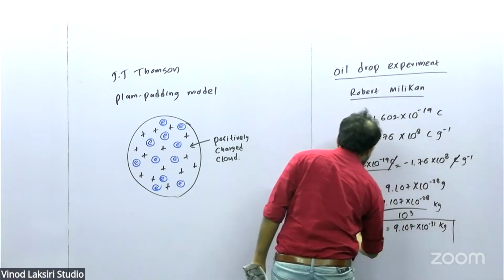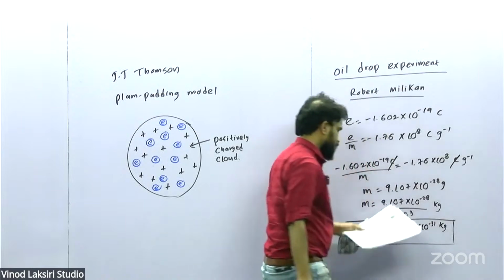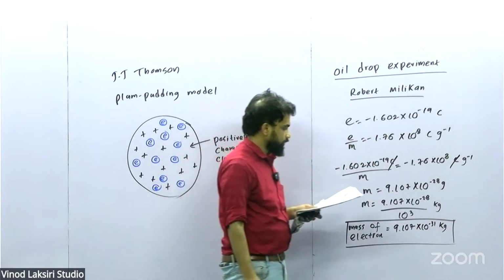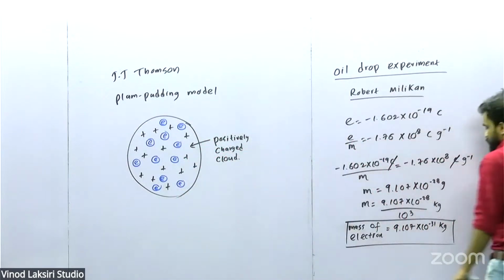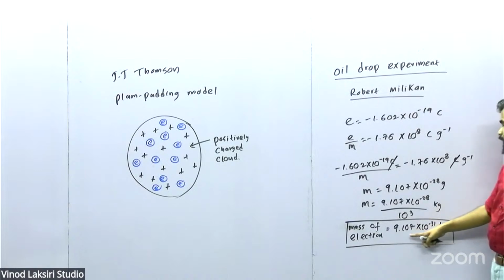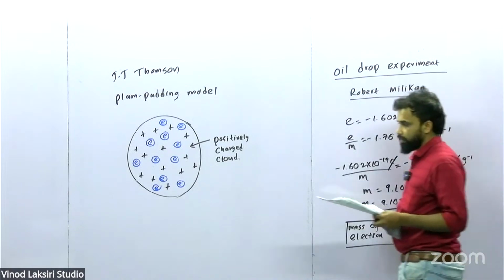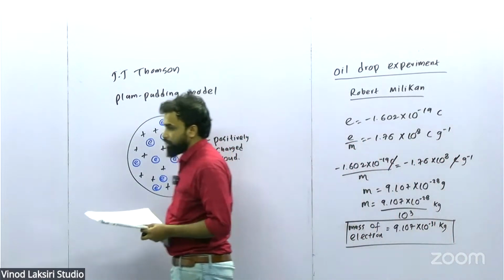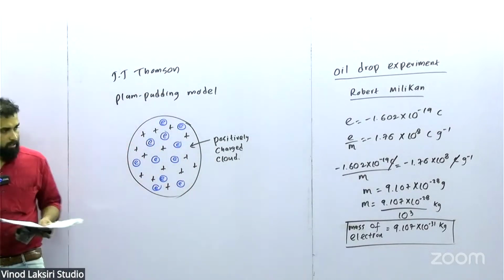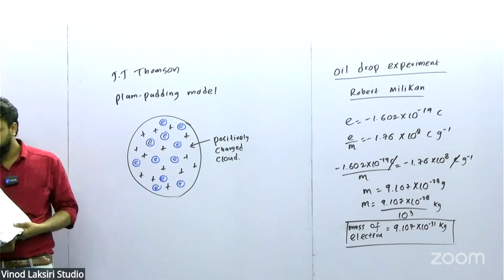This is the mass of the electron, right? You can see this value is very small, 9.107 times 10 to the power minus 31 kilogram. That means the mass of the electron is very small, right? Then write down after this diagram.